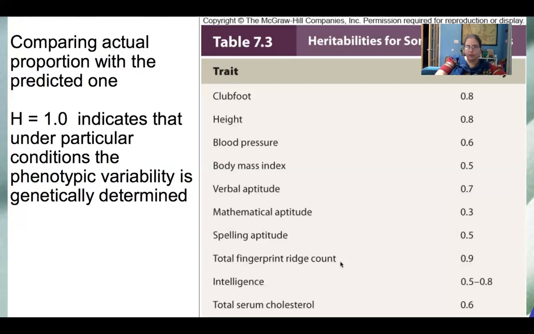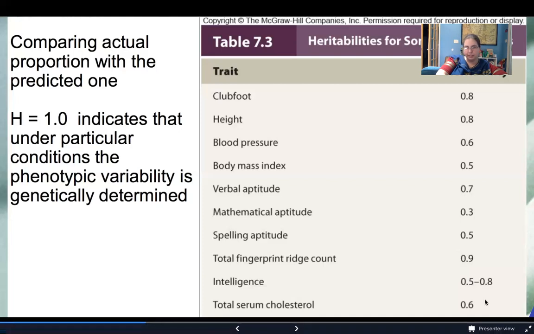Total fingerprint ridge count is 0.9, so it does have that large genetic factor, but a slight environmental factor, which we mentioned is the heat, mom's body heat during pregnancy. Intelligence varies between 0.5 and 0.8, so there is a good to large genetic component, but also a clear environmental influence as well. Total serum cholesterol, 0.6.